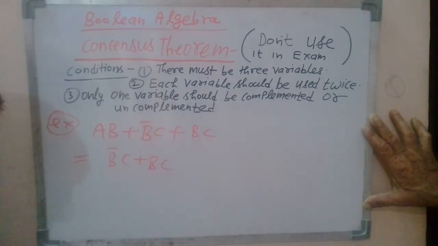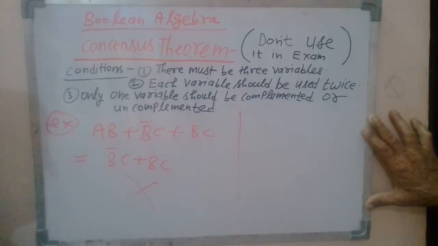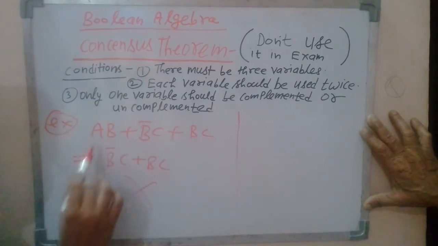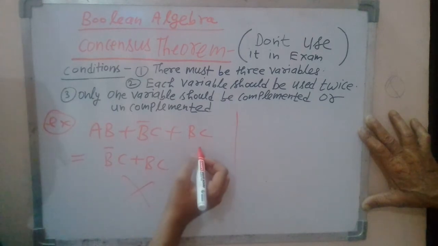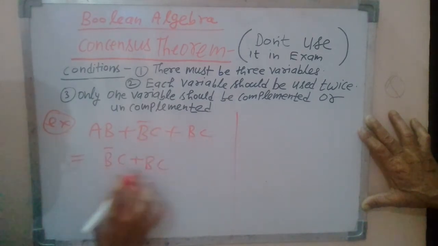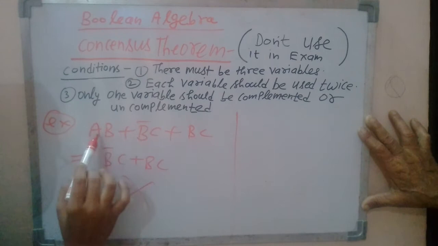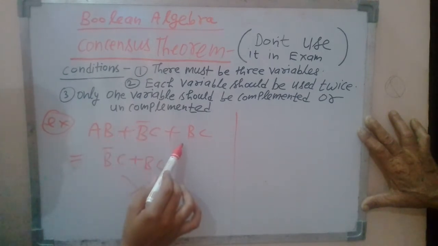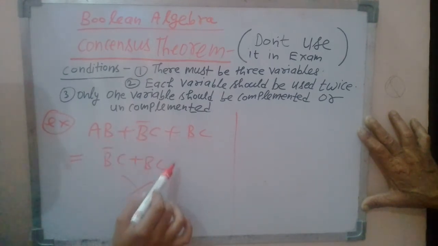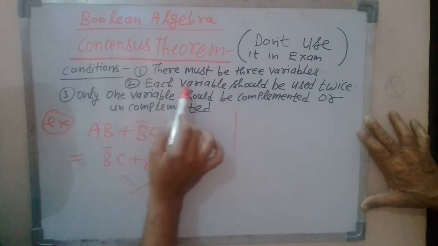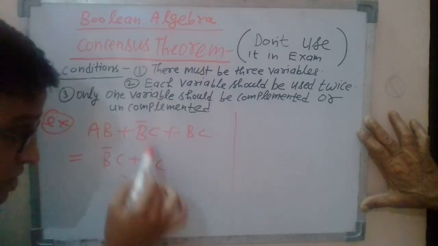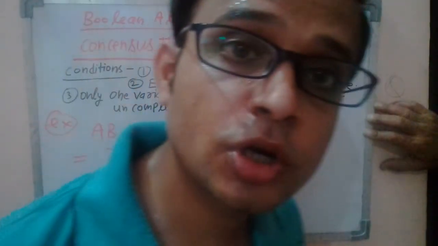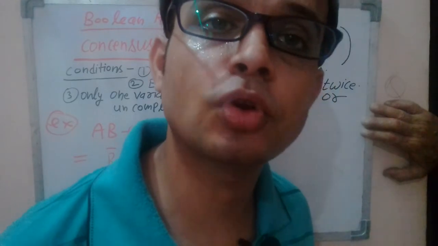Is this the answer? Wrong. This is not the answer, because B is a variable which is used 3 times. What is the condition? Each variable should be used twice. So the second condition is violated. That means you cannot apply this trick in this example. You should solve normally, right?